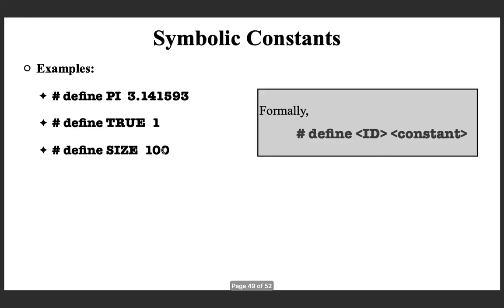And now what are these actually? Formally, this is what you can do. This is the syntax. #define must be there, followed by the name of the symbolic constant. This is the meta representation saying that whatever name, it could be TRUE or SIZE or PI, then after a space you give the constant here. Any of the permitted constants used in C can be used.